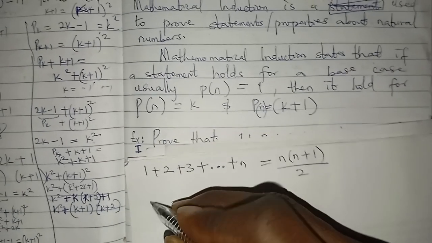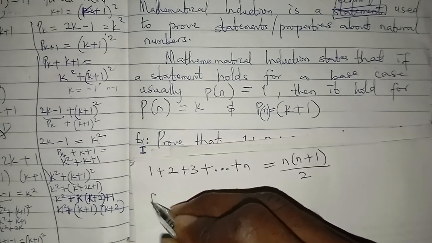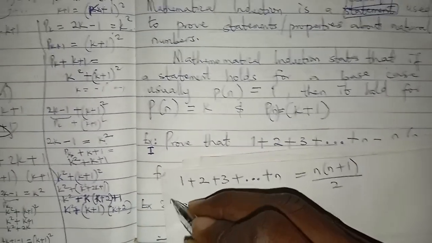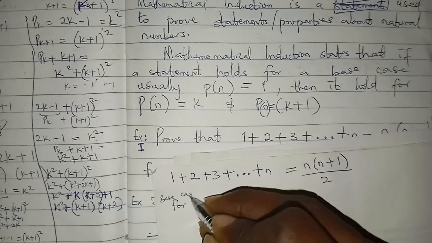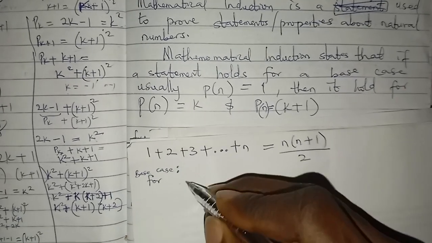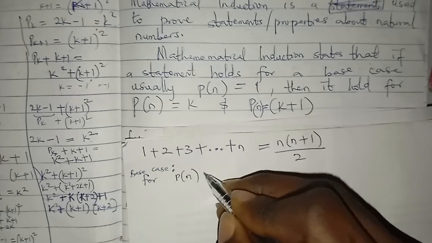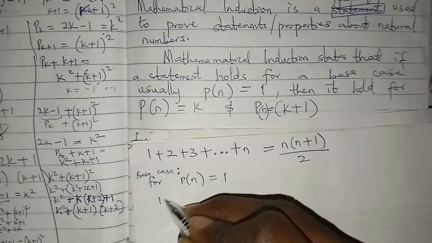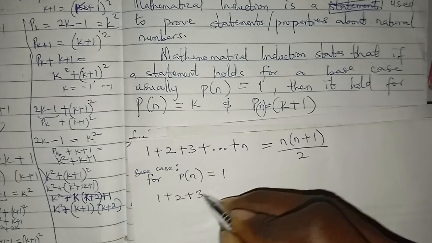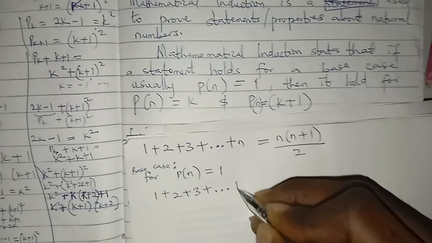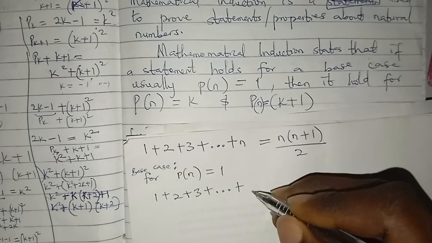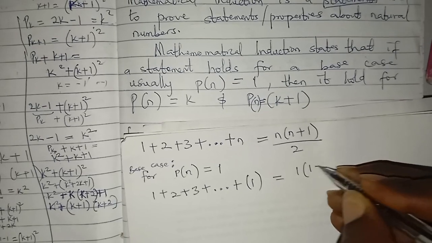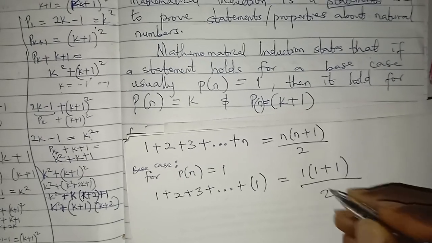So for the first step, I'll simply say the base case, which is P of n equals 1. That means anywhere I see n, I substitute 1. So I have 1 plus 2 plus 3 plus dots plus, where I see n, I write 1, is equal to 1 into 1 plus 1 all over 2.